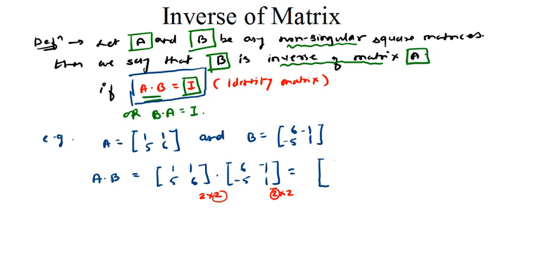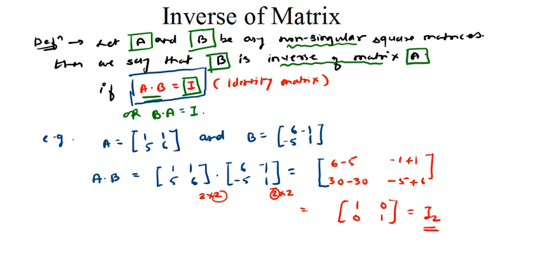So this will be 6 minus 5, this will be minus 1 plus 1, and this is 6 into 5, 30 minus 30, and this will be minus 5 plus 6. This equals 1, 0, 0, 1, which is the identity matrix I2.